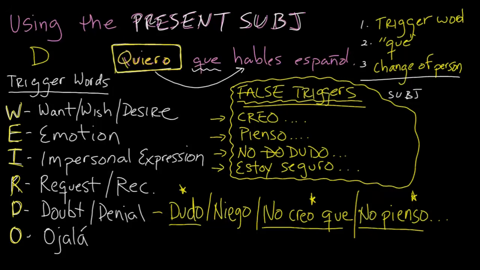Well, if you're sure, then there's no doubt or denial. And so what would be a trigger word is if you said, no estoy seguro. Now, these are just a few of the trigger words that come under the doubt or denial category. And what you have to do is put on your thinking cap and figure out, well, what ones are false friends and what ones are not.